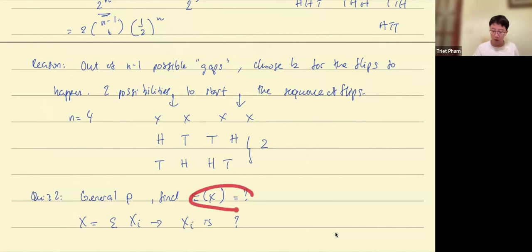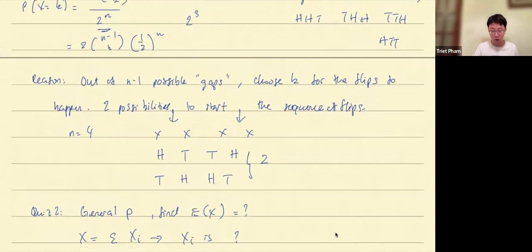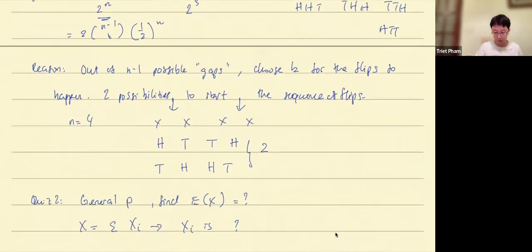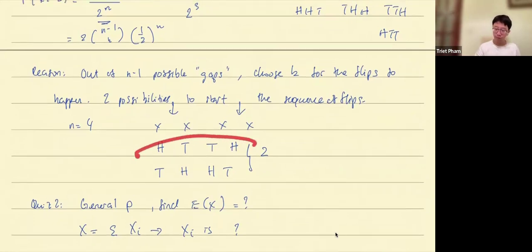When we want to find the expected number of changeovers, the total number of changeovers, what can we break it down into? We can break it down into the individual changeovers.